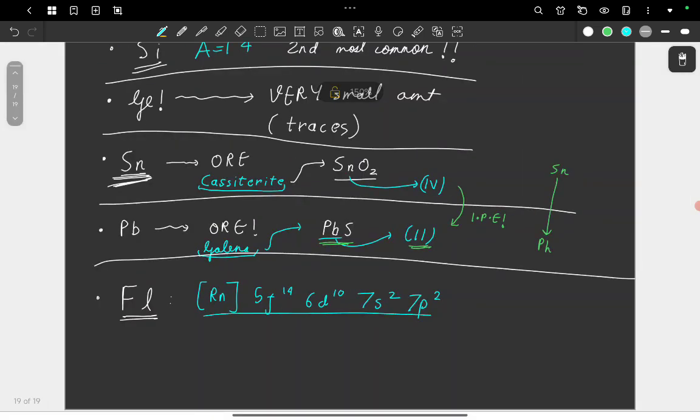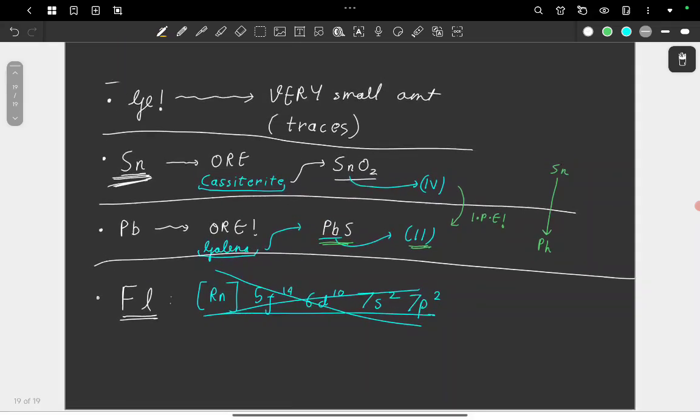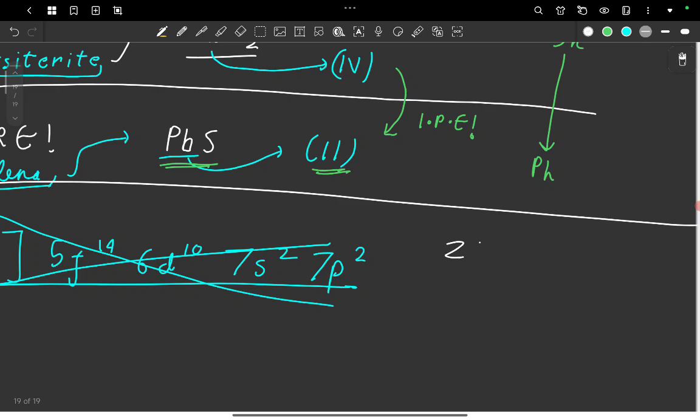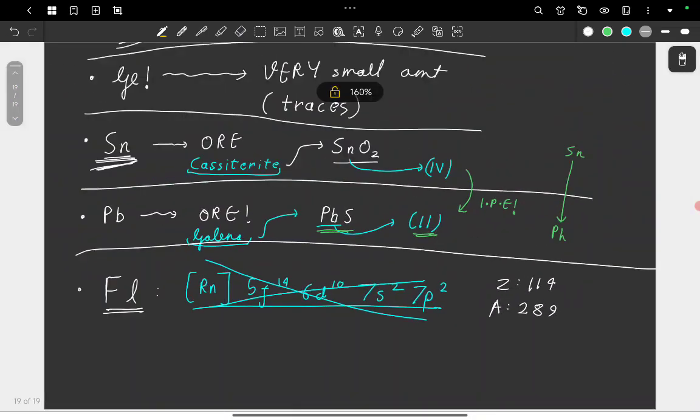That's it. That is the electronic configuration of flerovium. You don't have to remember this. Just the NCERT mentions it. I don't think they would ask you that. Its atomic number is 114, and its atomic mass is 289.